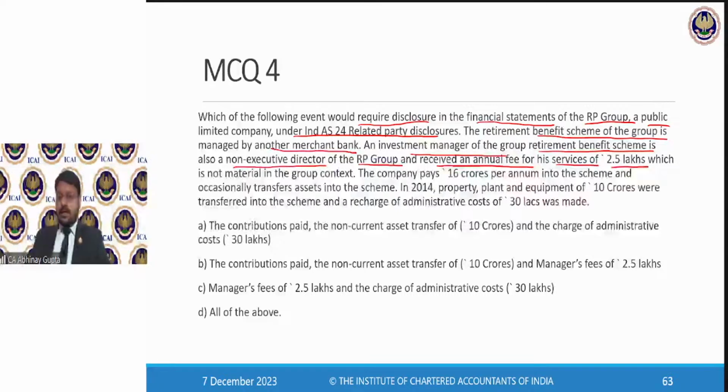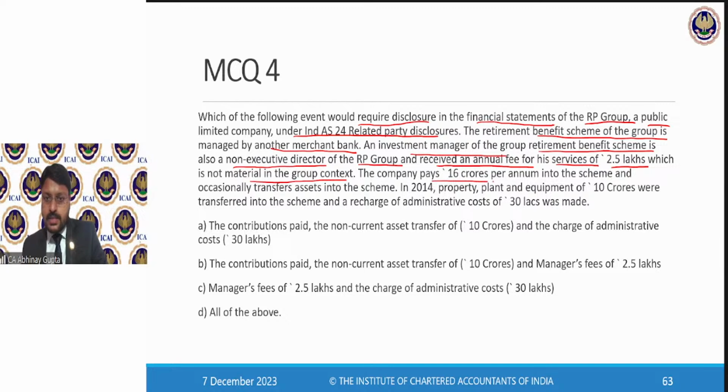So another merchant banker is managing the retirement benefit scheme of the company. Retirement benefit scheme is a post-employment benefit plan of the company. Post-employment benefit plan is considered as a related party for the entity, right? Now that investment manager is receiving an annual fee of rupees 2.5 lakh, which is not material in the group context.